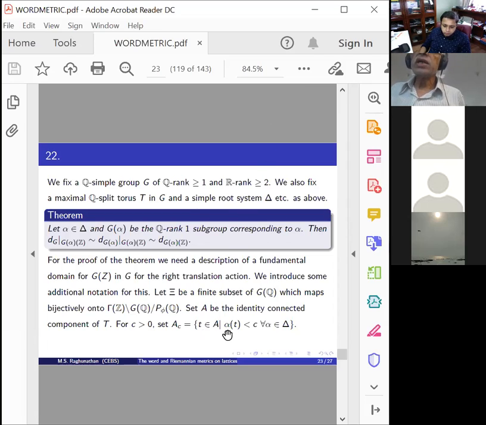And you look at the set of T in A such that alpha(T) is less than C. So you cut off at some point and look at all elements T such that T is less than C. You think of the character alpha as a homomorphism into R plus, which you can assume is bijective because we are working over real numbers. Alpha is certainly one-to-one on the connected component. There's no problem. So I want to look at this set A_C. If you think of the upper half plane and the usual fundamental domain of the modular group, this A_C goes in reverse direction, everything above a certain point.